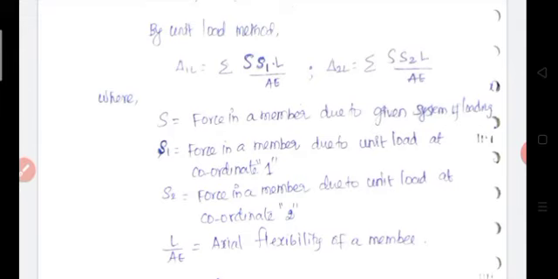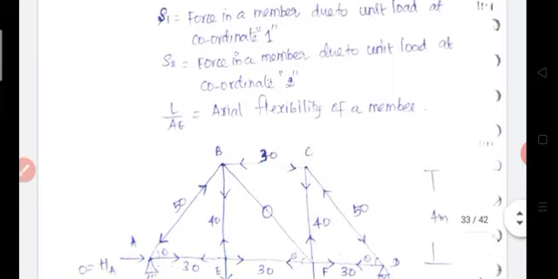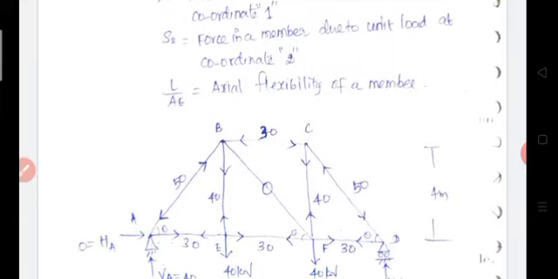S1 is equal to force in a member due to unit load at coordinate 1 only. Then S2 is equal to force in a member due to unit load at coordinate 2 only. Then L by E is equal to axial flexibility of the member.